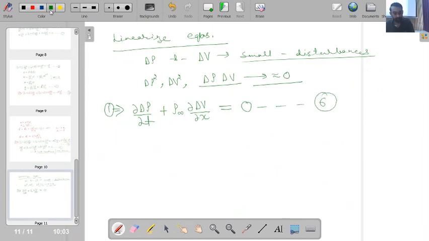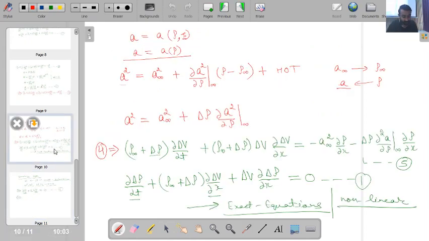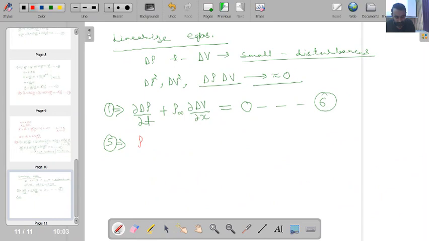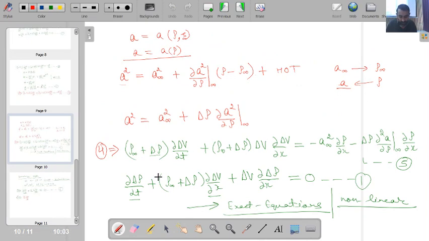So from equation 1 I have got this as my equation number 6, and from equation number 5 also, if I do the same thing, then I will get rho infinity into del delta v by del t. Then this will be 0 here, because I have delta v by x, so everything will be 0.